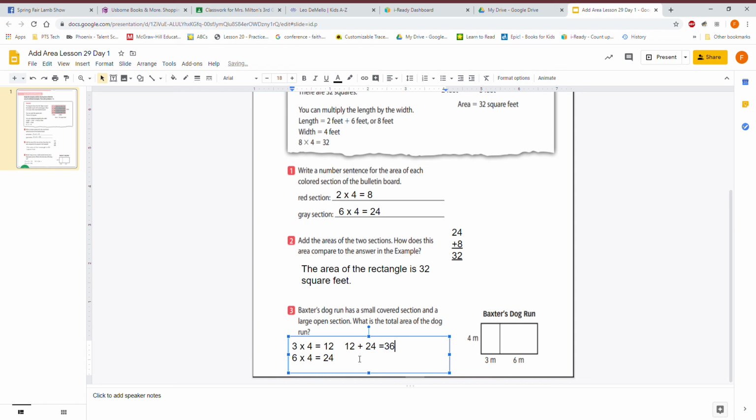So that's going to be 36 square meters. And I'm going to abbreviate this and put square meters like this, okay, because this M means meters. And remember that this really means that there are 12 squares in here and 24 squares in here. So we're going to make that square meters, okay?